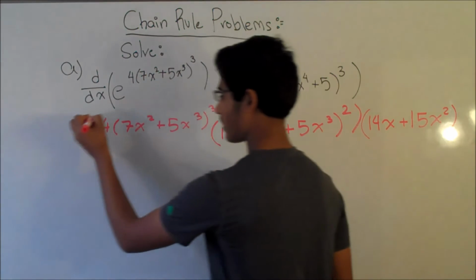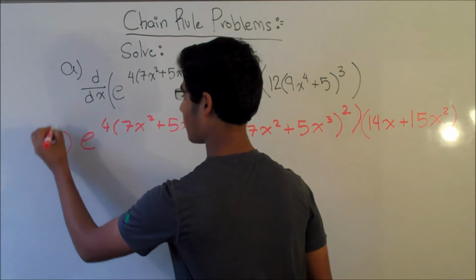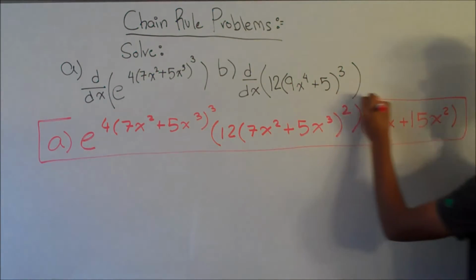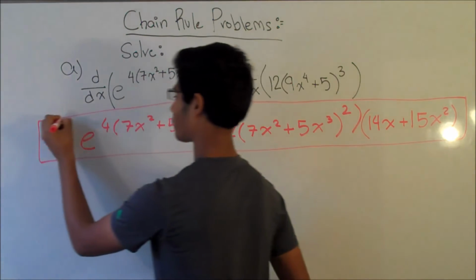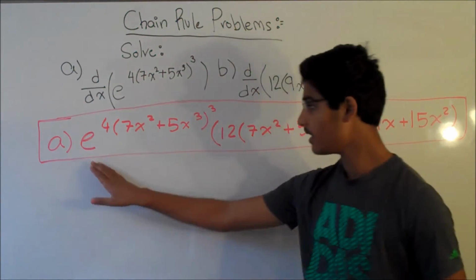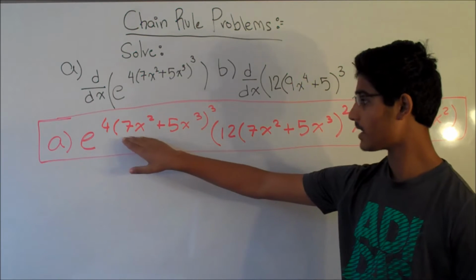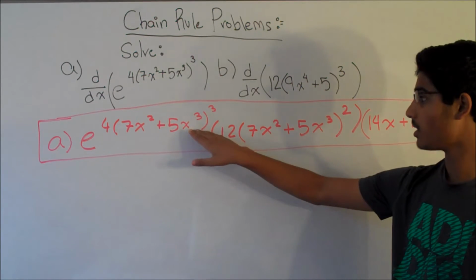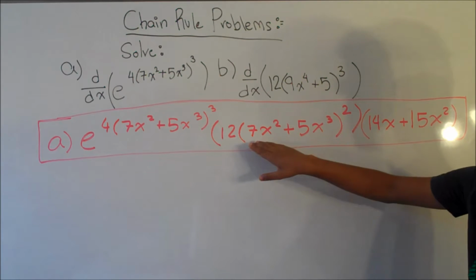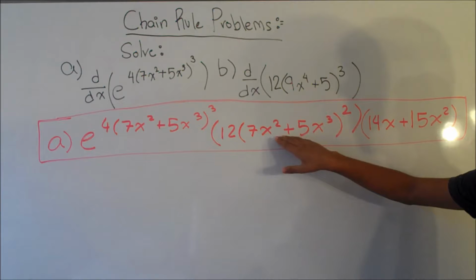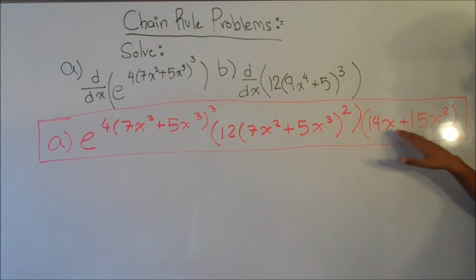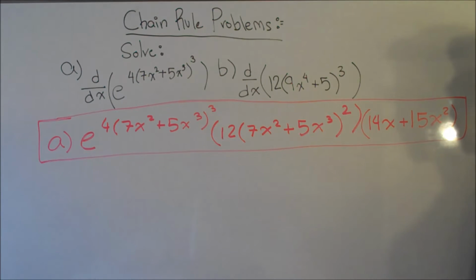So this is the answer to problem A. The answer to problem A is e to the 4 times 7x squared plus 5x cubed power times 12 times 7x squared plus 5x cubed squared times 14x plus 15x squared.